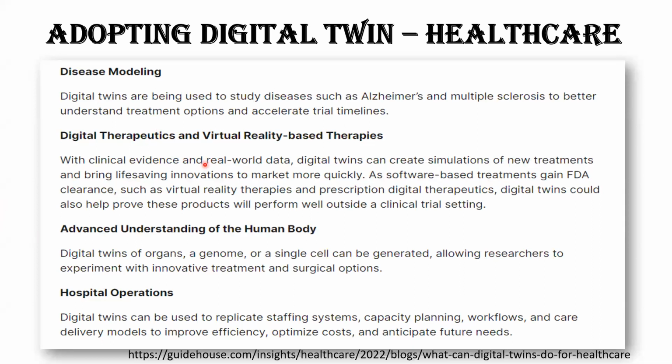Further, they are also using this for simulations of new treatments. Believe me, one of the most time-consuming processes is for any drug to come out to the market from innovation. It's claimed by the US that for any drug to traverse the stage from innovation to market takes close to 12 years.